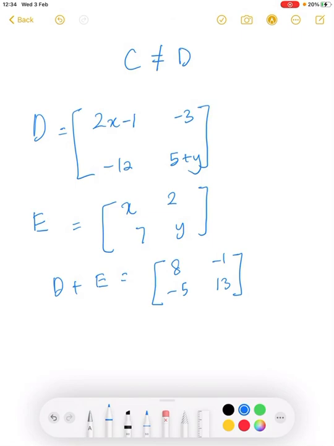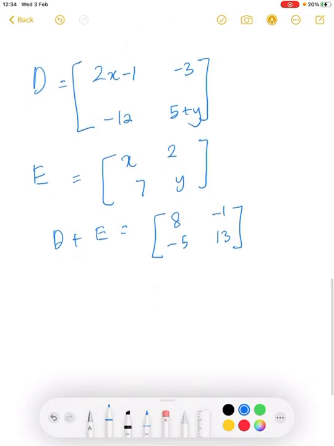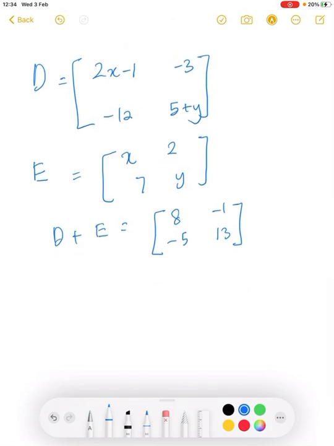So that's easy. The 2x minus 1 plus x equals to 8. 3x minus 1 equals to 8 plus 1, 9 over 3x, x equals to 3. Simple, right?